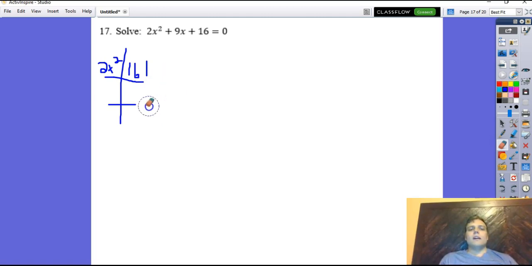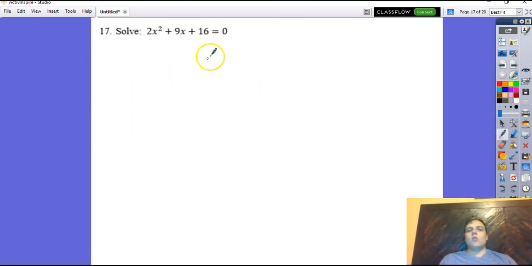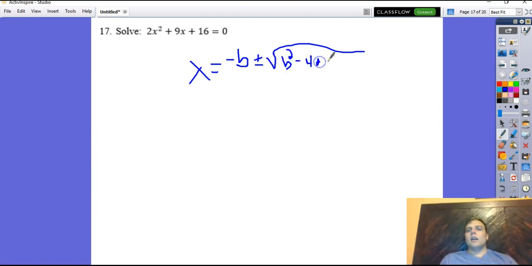So, I need to resort back to the quadratic formula, which is x equals negative b plus, that's a plus sign, I'm so bad at writing, plus or minus the square root of b squared minus 4ac all divided by 2a.